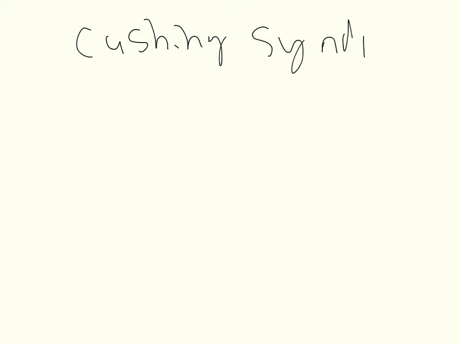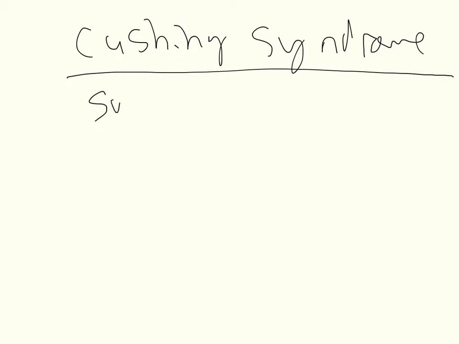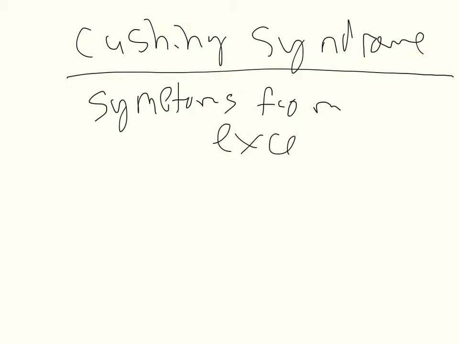Before I do anything else, let's talk really quick Cushing disease versus Cushing syndrome. Cushing syndrome occurs when you have excess glucocorticoids, for any reason, that leads to symptoms from excess cortisol.